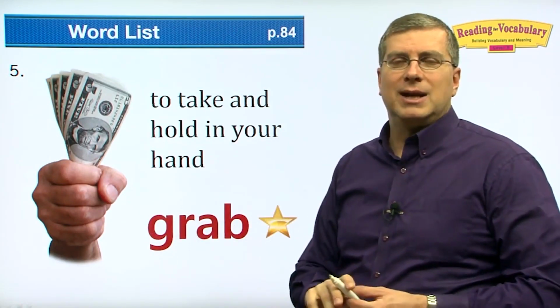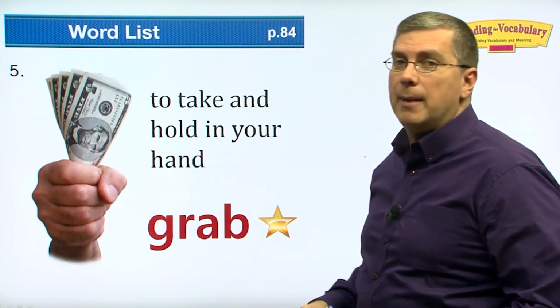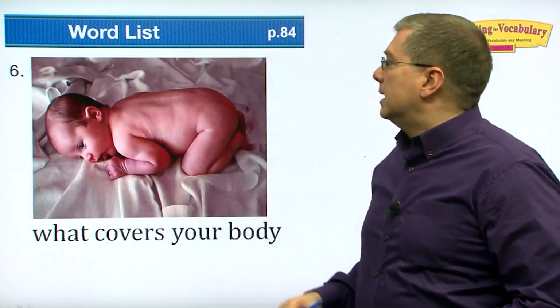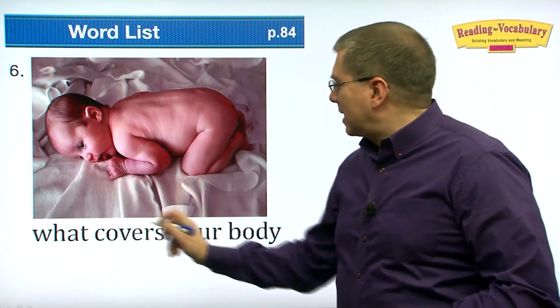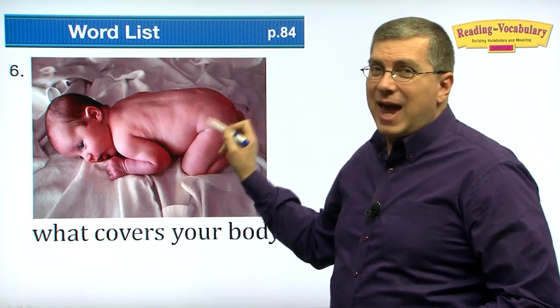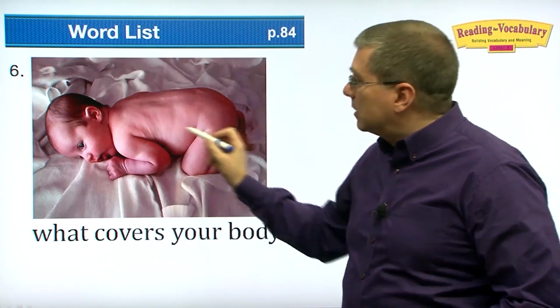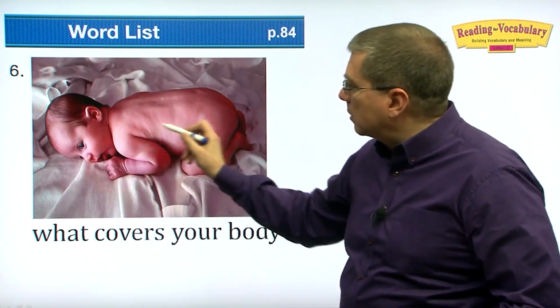Grab something, right? Grab it quickly before it's gone. Okay, grab, grab. Number 6, oh, so cute, right? What covers your body? Now, of course, this baby doesn't have any clothes on, but there's still something covering his body or her body. We're not sure.